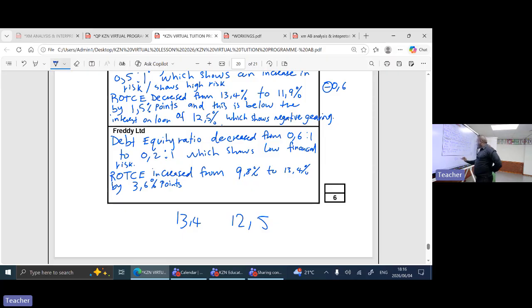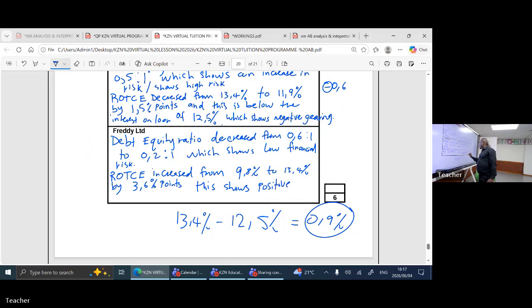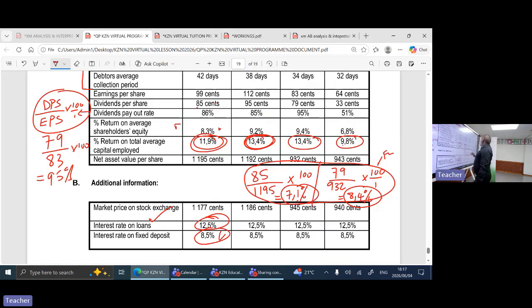The difference is positive, it is 0.9. This amount is positive. So this shows positive gearing. Done with this one, okay?